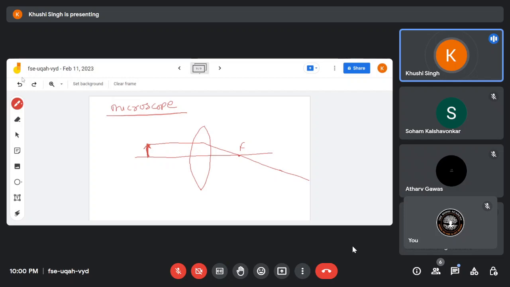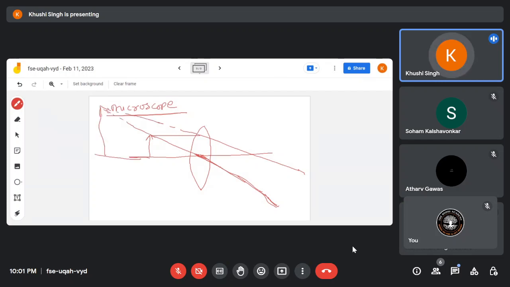Something like this. You see, it's not bending. Now, we know that these rays cannot meet this side. Can they meet this side? No, no way. They are going apart. So we'll have to trace it back. Let's trace it back. We have reached here. Fine. Clear? Now, the moment it has reached here, the image is here.